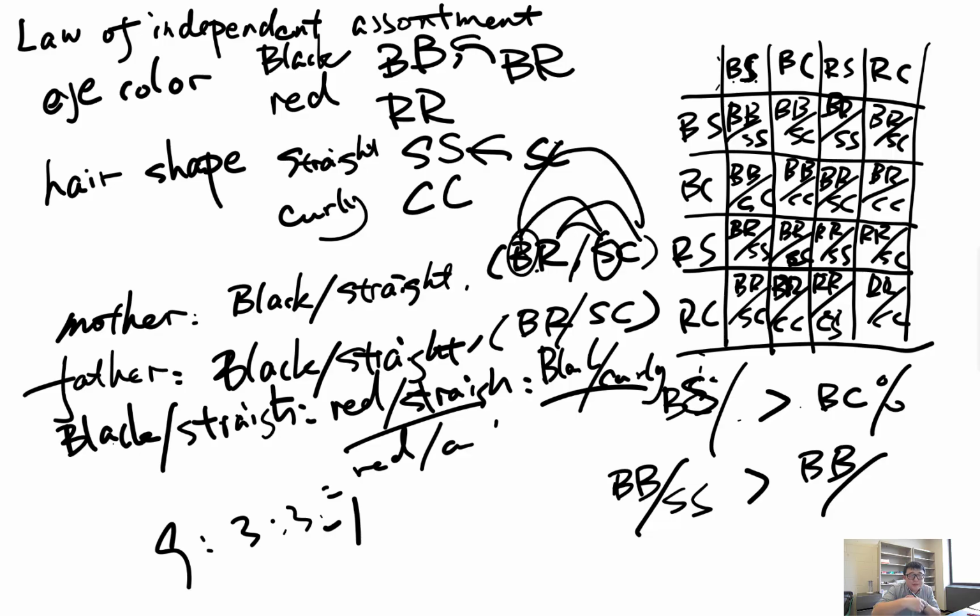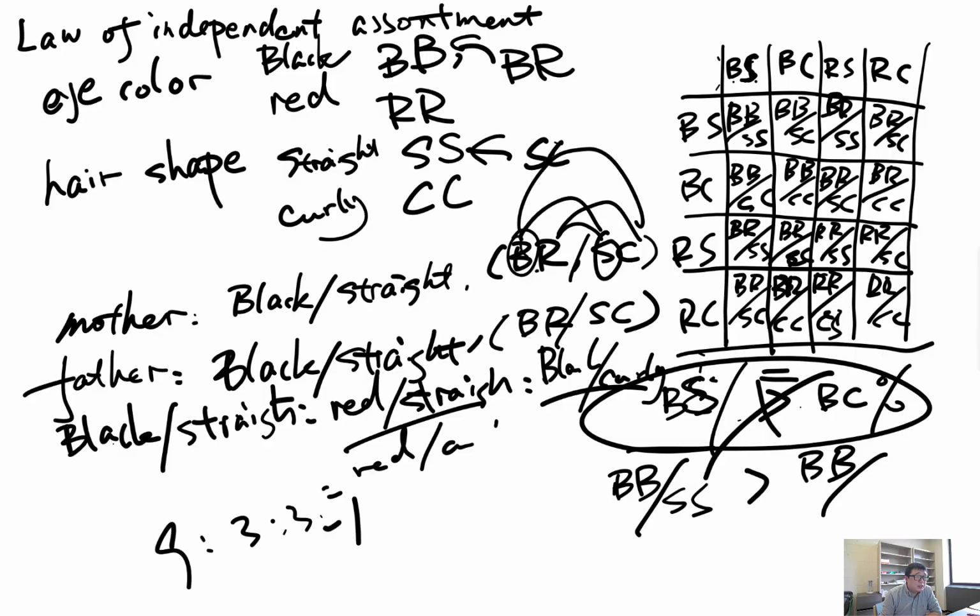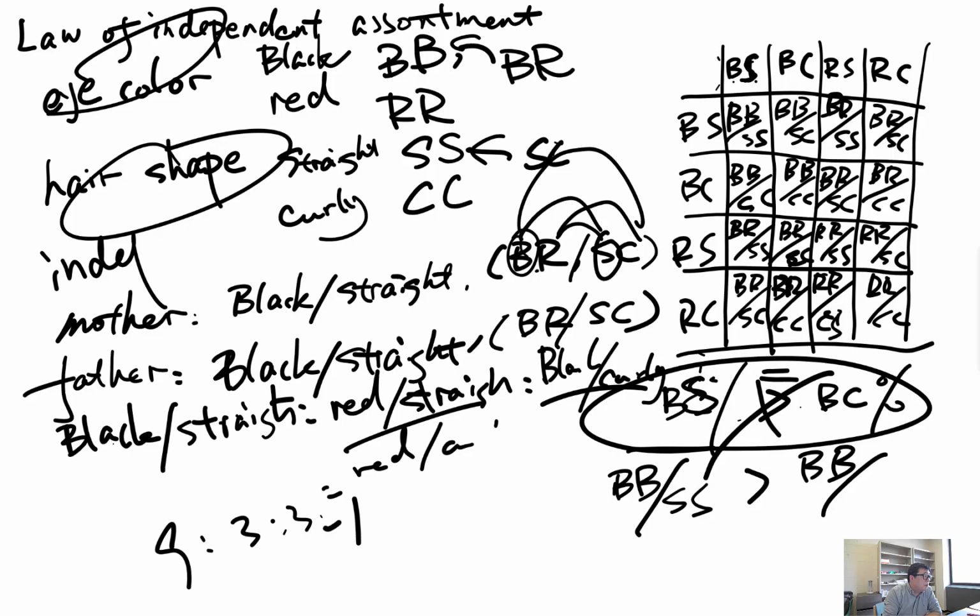And in reality, after Mendel's experiment, when he did all of that math and the counting, he showed that no, that's not true. The BS combination is equal to the BC combination, which means these two, the eye color and the hair shape, are independent of each other. So this we call independent assortment.